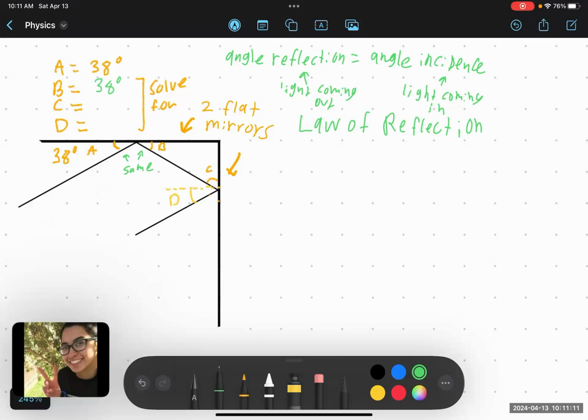We also know that the two mirrors are at a 90-degree angle. We know that in a triangle, all three angles should add up to 180.